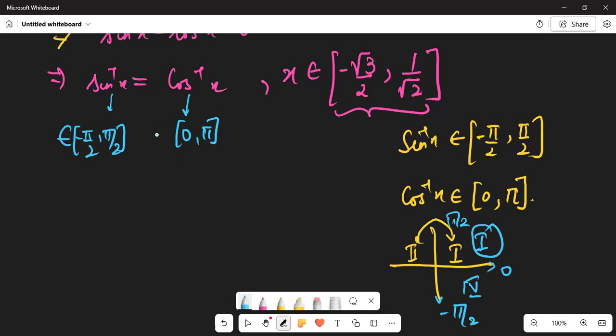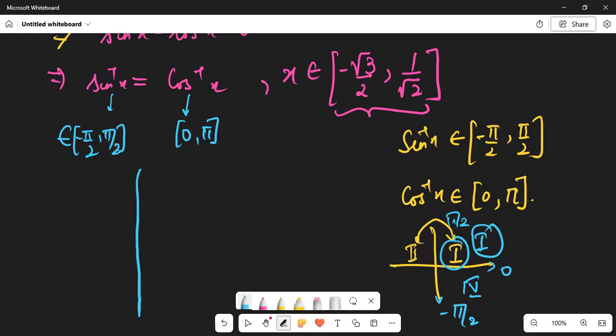So it is clear that for the angles to be equal, x should be such that both the angles lie in the first quadrant. Because if you are getting cos⁻¹x in the second quadrant, then it is not possible for sin⁻¹x to be in the second quadrant, because sin⁻¹x always lies in the first quadrant or in the fourth quadrant. So you will be getting the angle in the first quadrant only. And when is it possible?